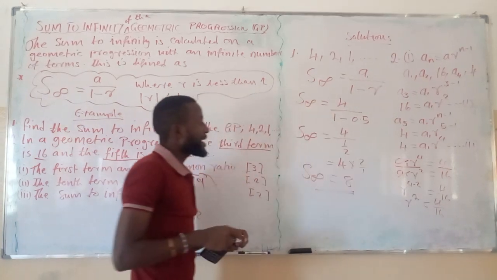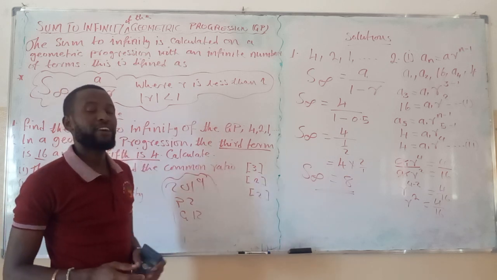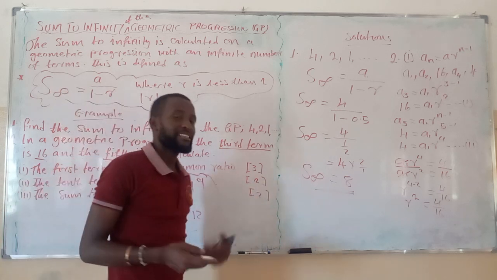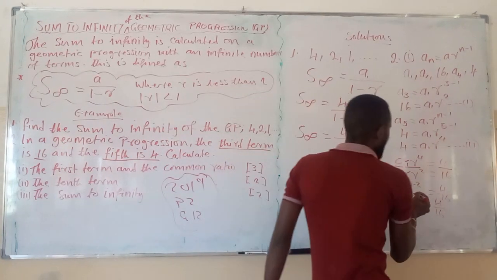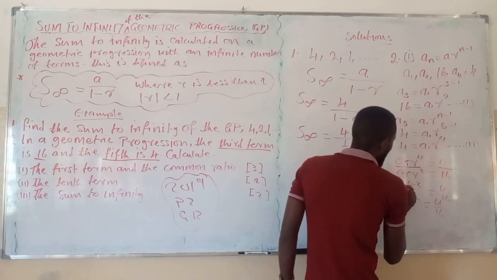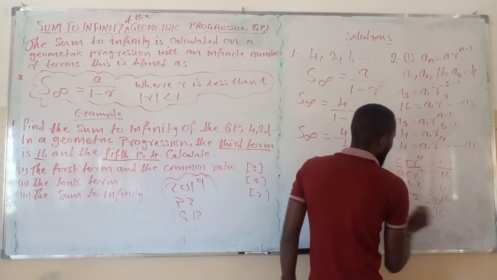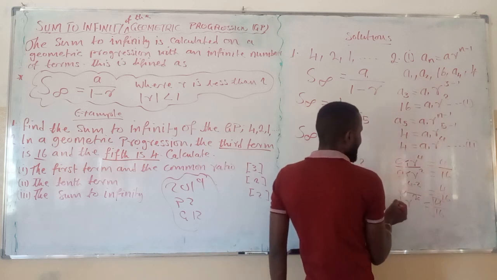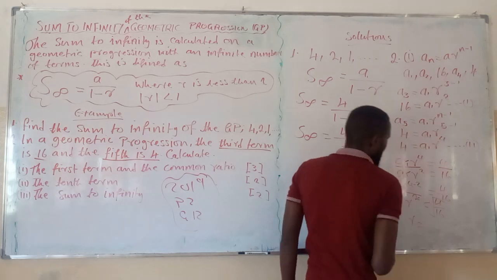Okay, now how do I get rid of the square on the part of R so that I make R the subject of formula, and that will be our common ratio? I square root both sides. If I introduce the square root on both sides, this and this can cancel each other. Then I have the common ratio.